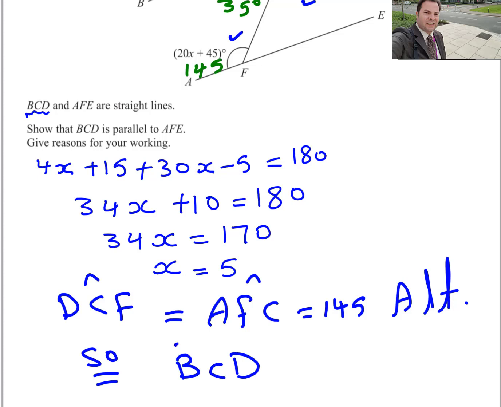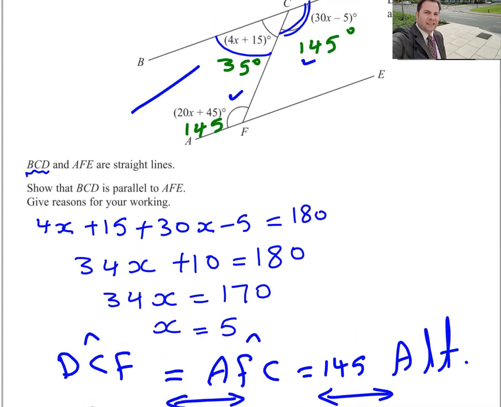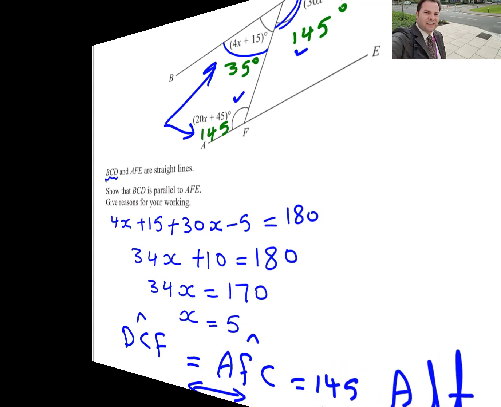BCD as a straight line is parallel to AFE straight line. Or you can find the sum of these two interior angles, their sum is equal to 180. Same, so these two lines are parallel.